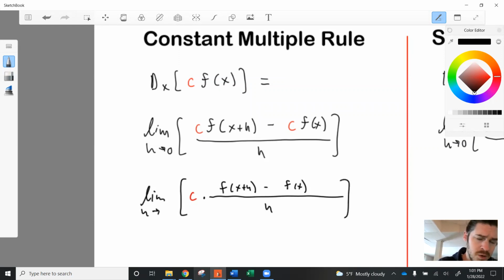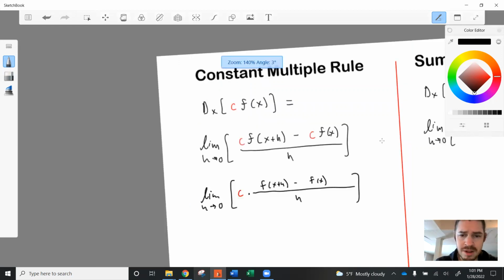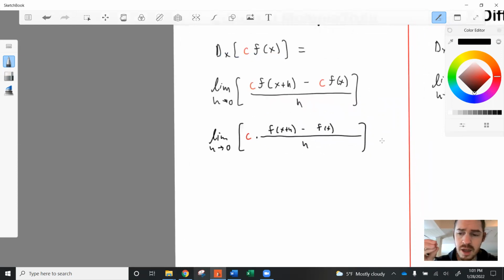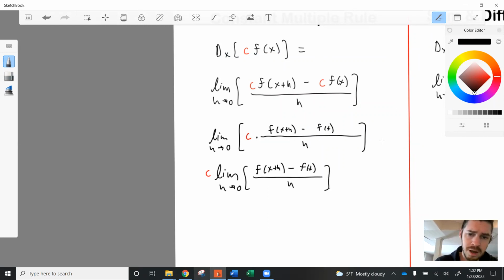And then we can use that constant multiple rule for limits that says, if you have a constant multiple of the function, you could make it the constant multiple on the outside of the limit instead. I'll pull it out over here. And then what's left inside here is just the derivative of f of x. All of this here is just f prime.